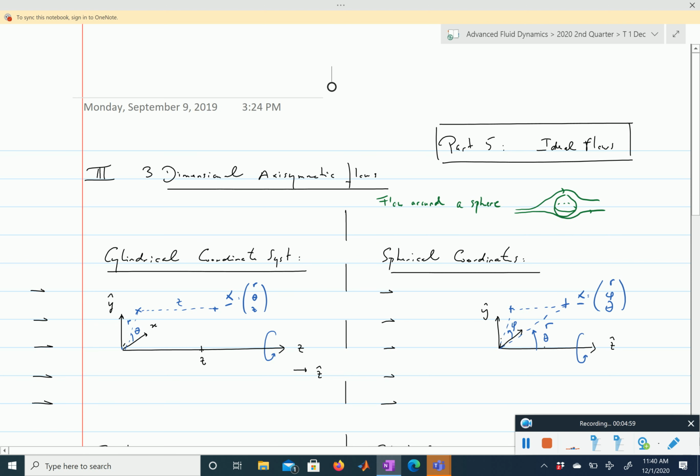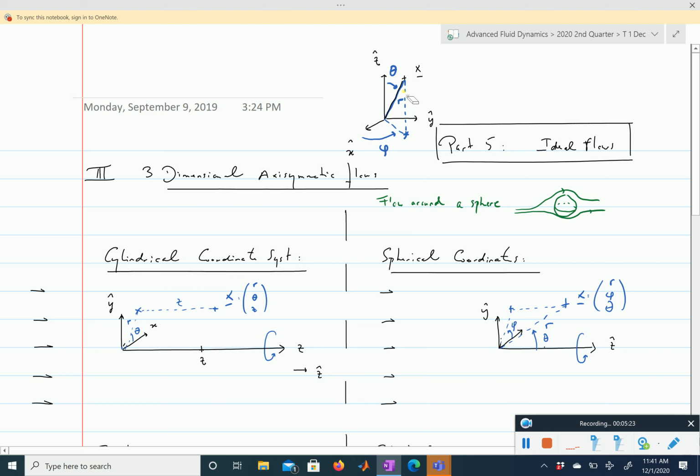But if you think about how this usually looks like, let me just put this little cartoon here. Right, so this looks like that. Right, so this is your point, this is your coordinate system, x, y, z. R is the distance between your point and the origin.